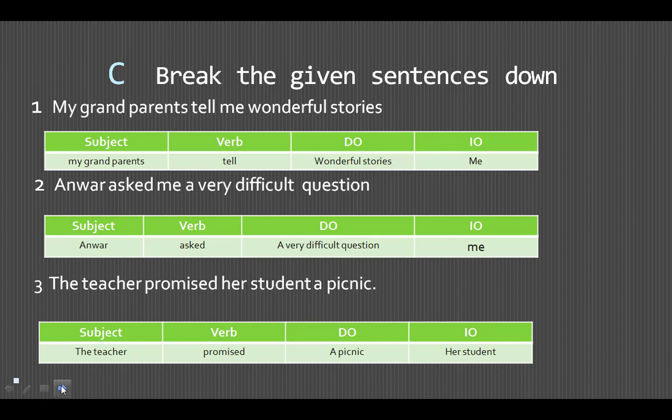Okay, our third sentence is: the teacher promised her student a picnic. In this sentence, the teacher is the subject, promised is the verb, a picnic is the direct object, and her student is the indirect object.